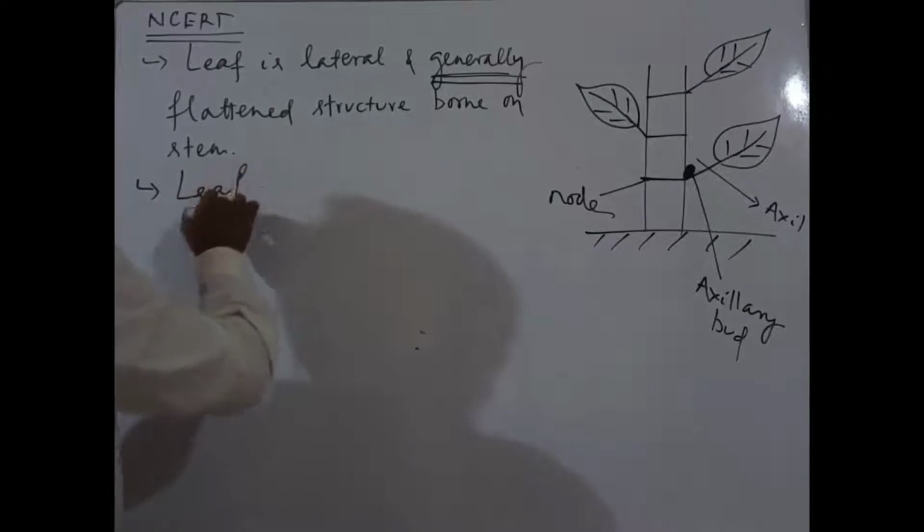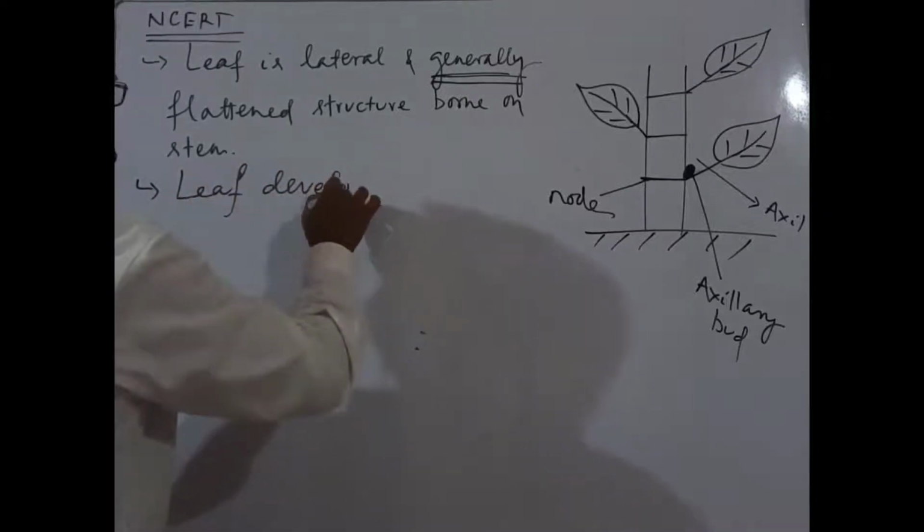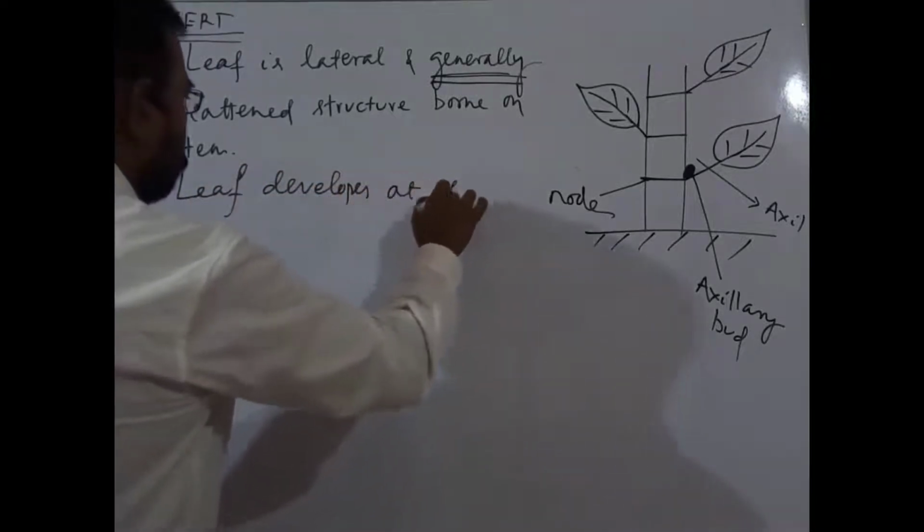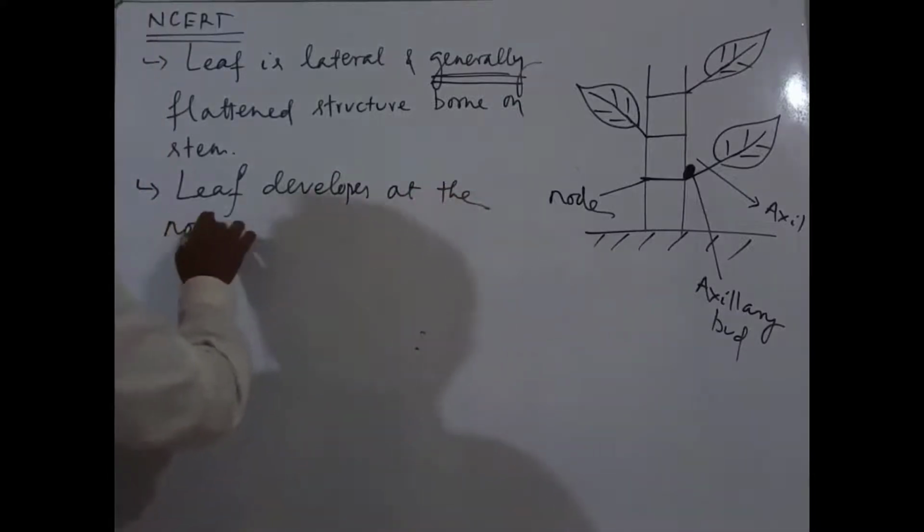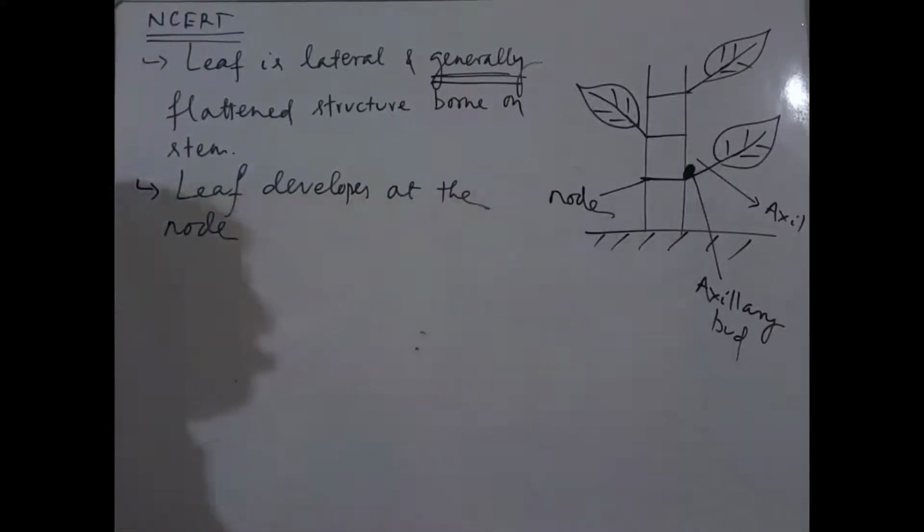So leaf develops at the node and bears a bud that is called axillary bud.